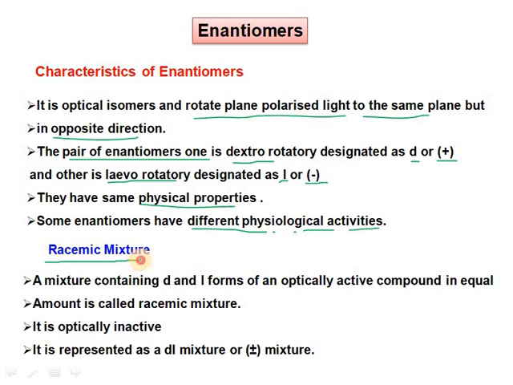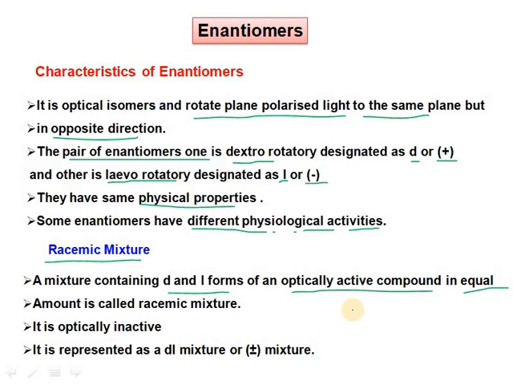Next we discuss the racemic mixture and some of its characteristics. It is a mixture containing D and L forms, which are optically active compounds, in equal amounts. This is called a racemic mixture.